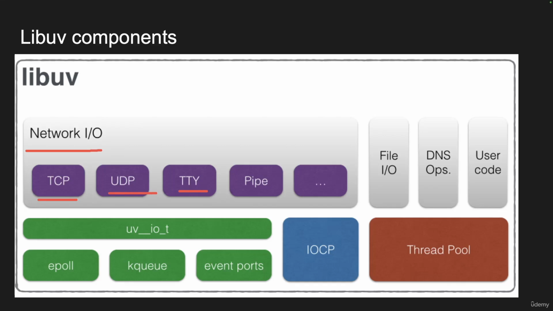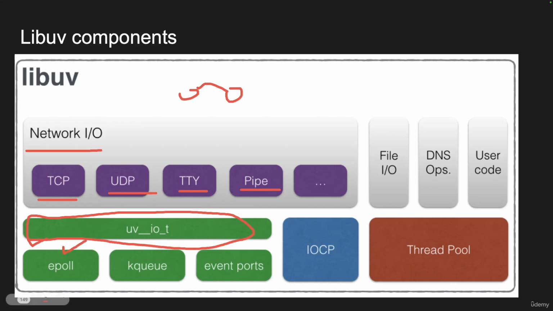If you want to read from the input, it's stdio, and you write to the screen, text-based terminals, right? Then pipes, like Unix pipes, how to talk between two different processes using pipes, and of course other examples as well. And there is this big interface called uv_io_t, which sits on top of anything Linux.